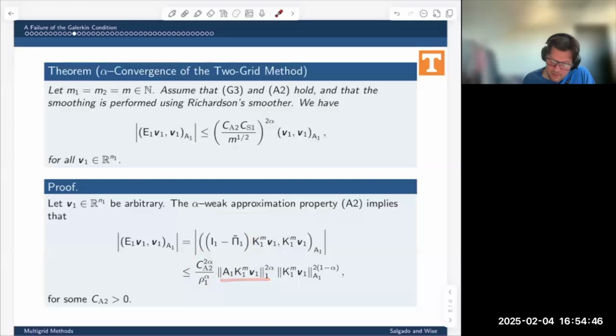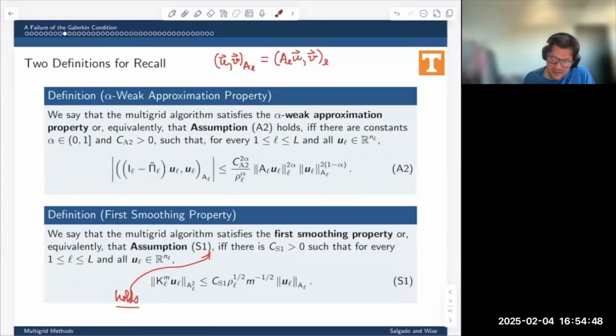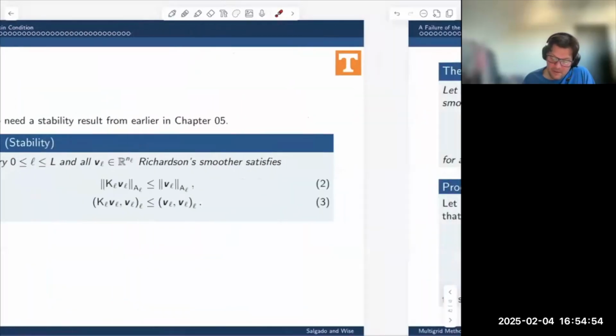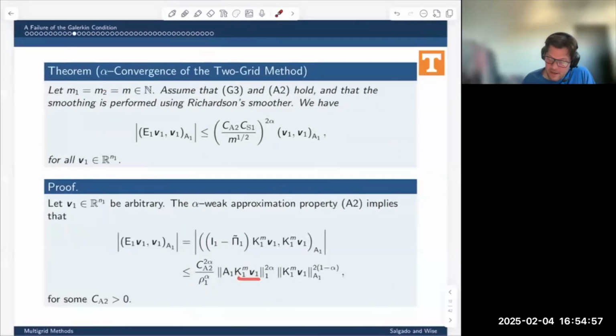What appeared previously here is a generic vector. Now that's going to be K1MV1. K1MV1 appears there and there. So this is exactly A2, the alpha weak approximation property, after having moved this guy.